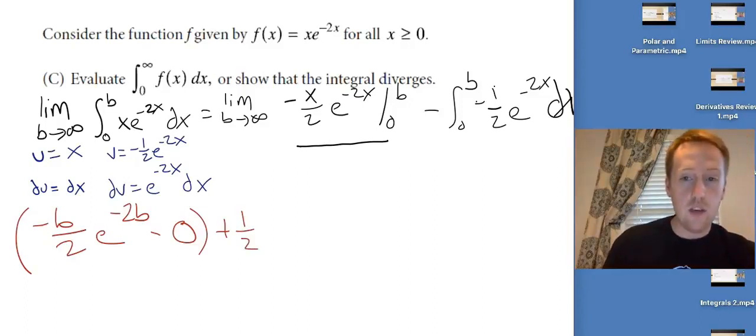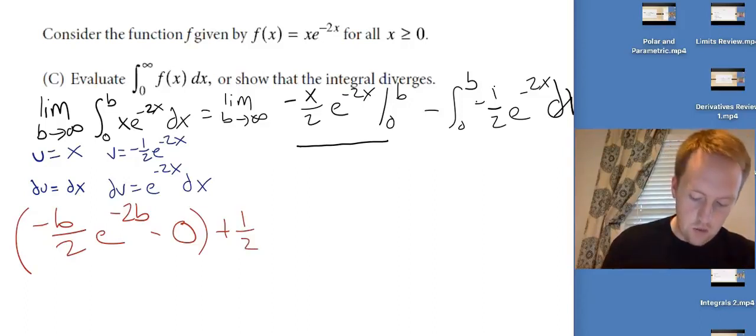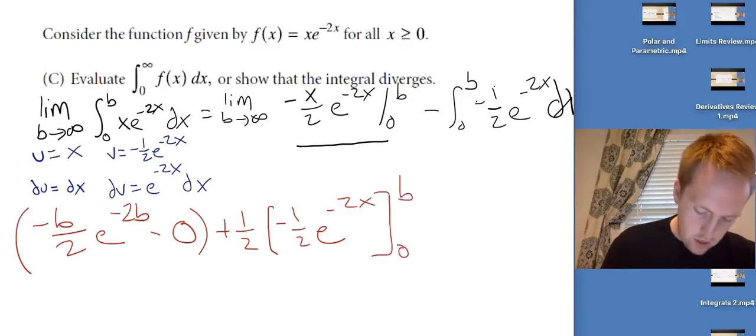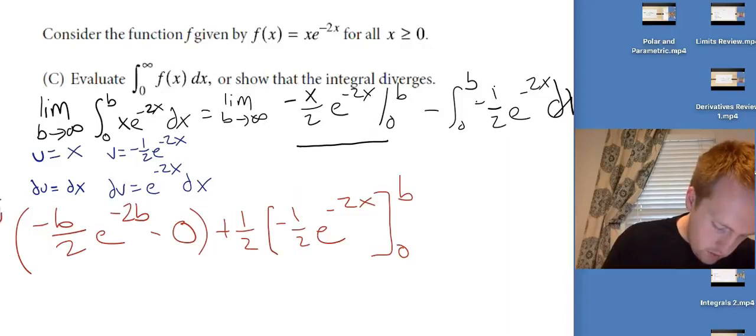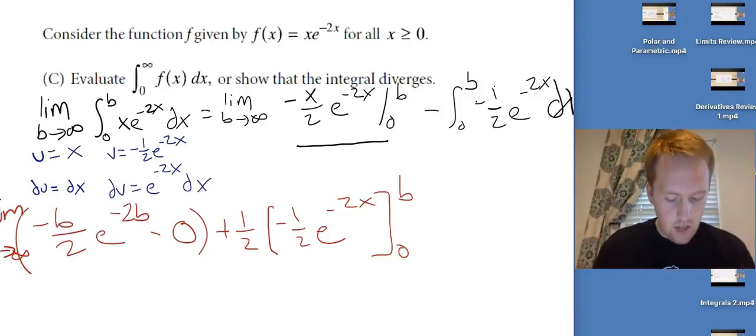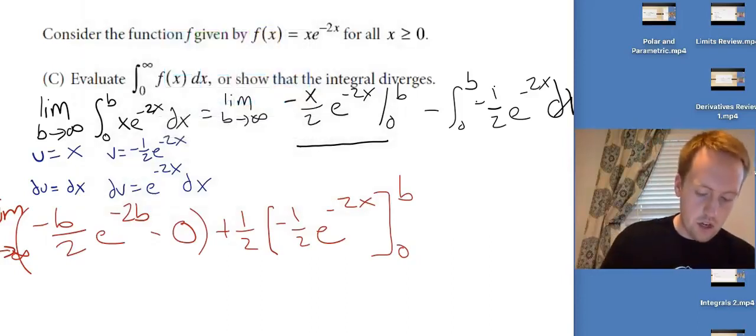The antiderivative of e to the negative 2x is negative 1/2 e to the negative 2x, evaluated from 0 to b. And I missed that, I snuck it in there. Just make sure that you don't forget that. We have to make sure that we write the limit as b goes to infinity. You can't even see it because I wrote it so small, but make sure you don't miss that like I just did.